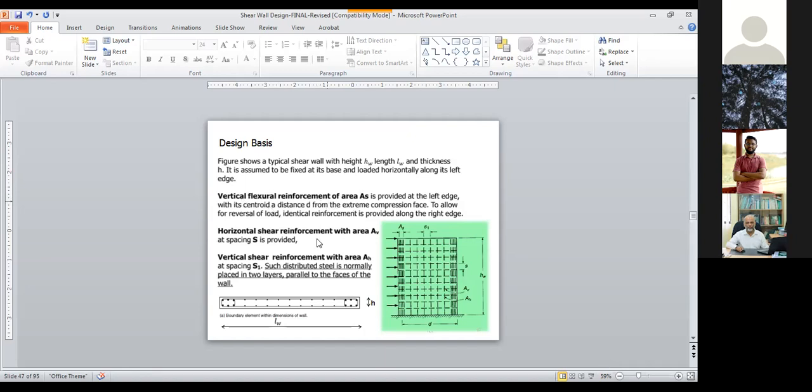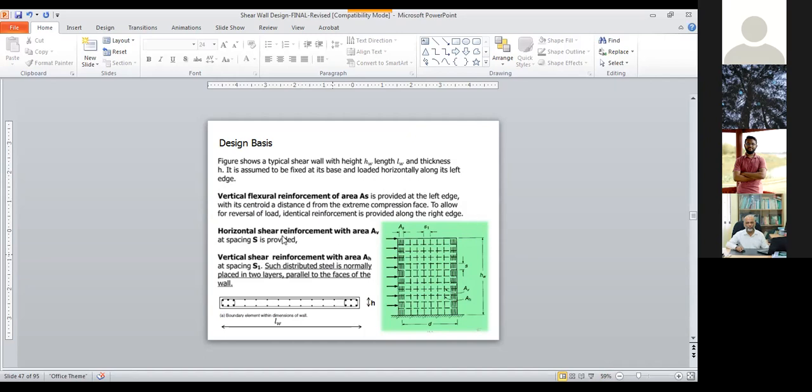We need vertical flexural reinforcement, we need horizontal shear reinforcement, we need vertical shear reinforcement. So we need a lot of reinforcement. You can see the horizontal shear reinforcement and vertical shear reinforcement. I explained in one of the slides the shear cracks and the flexural cracks, at the beginning of the presentation.